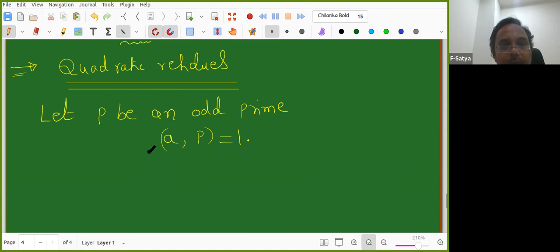Now we are going to consider the quadratic congruence.